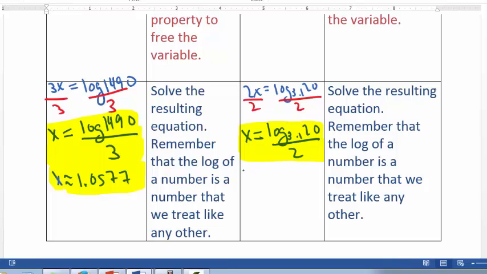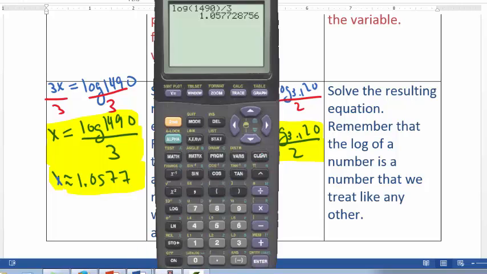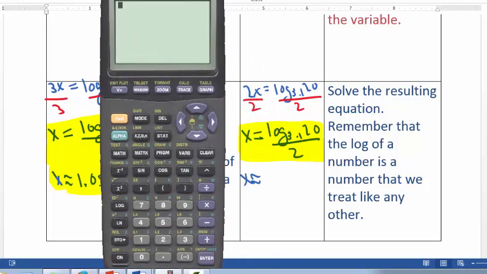And I can still convert this on the calculator, because if you recall from our previous section, we had that change of base formula. And we remember that log base 3.1 of 20 is really log of 20 divided by log of 3.1. That was just my change of base formula. So log base 3.1 of 20 is approximately 2.6478.